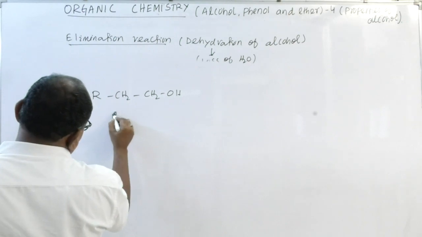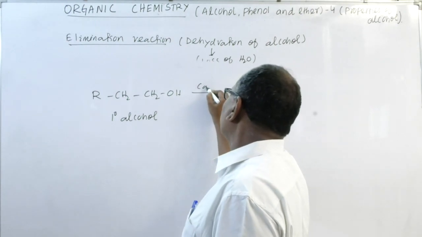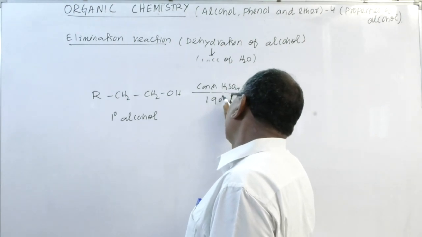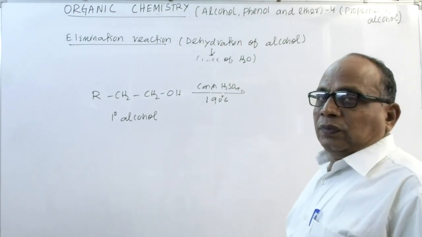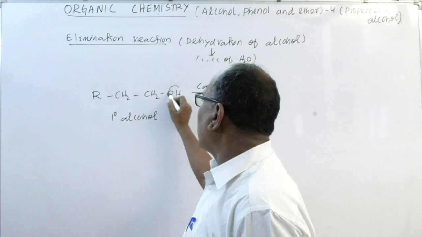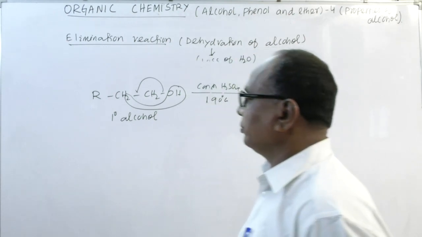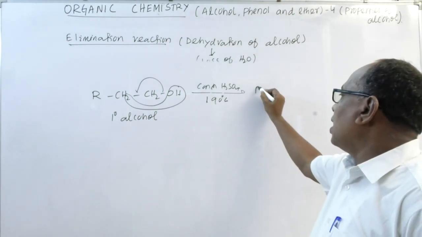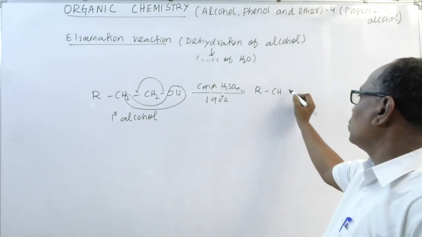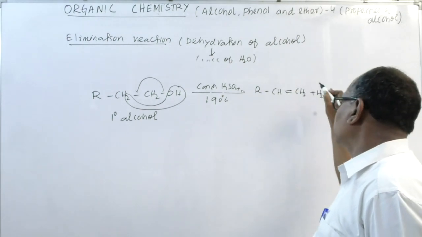This is your primary alcohol. When treated with concentrated sulfuric acid at about 190 degrees C, it undergoes elimination. The OH group on this carbon and an H from the alpha carbon, the nearby carbon, are removed and a double bond forms here. The product is R CH double bond CH2 plus H2O.